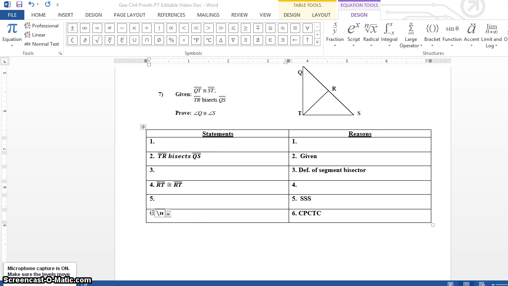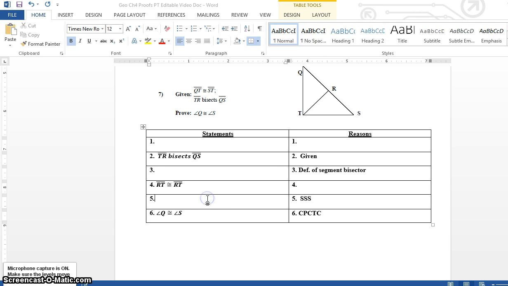So we have angle Q is congruent to angle S. That has to come from having two triangles congruent. Oh look, side, to prove that these triangles are congruent. That's also a hint to the direction of your proof. That means you're proving all the sides are congruent.